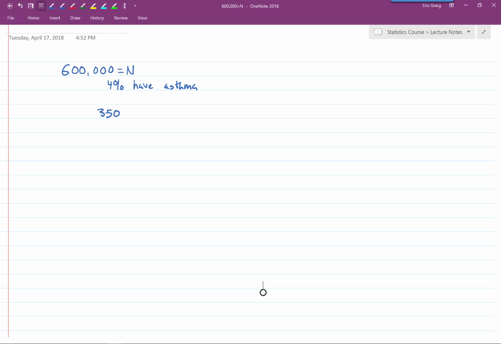All right. So on a typical night, assuming that the sample is representative, which we assume that it is, you're going to see 4% of this 350 people coming in with asthma.